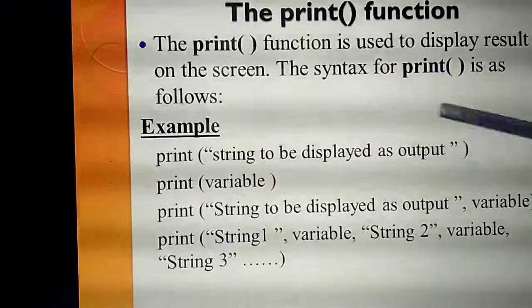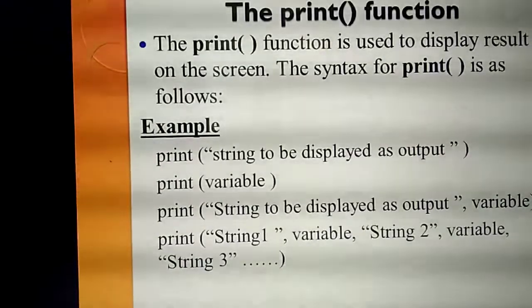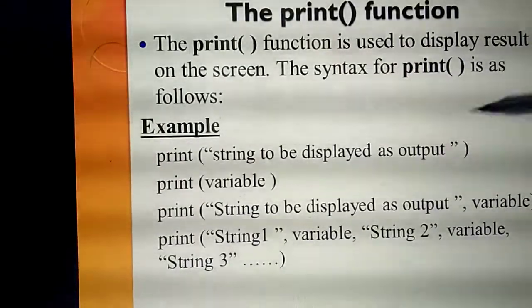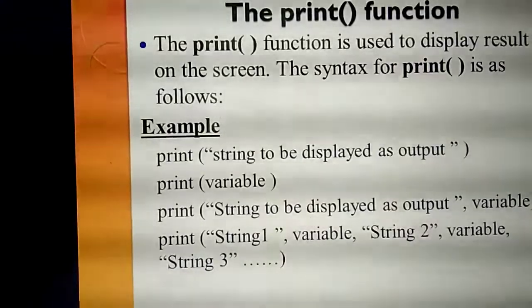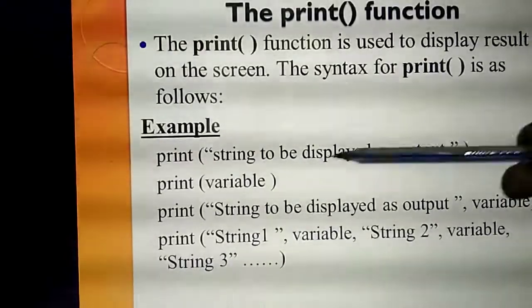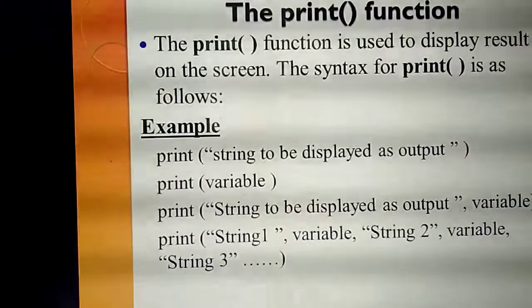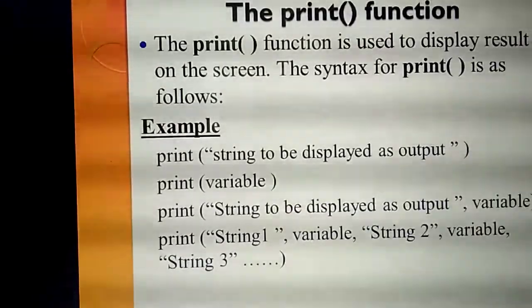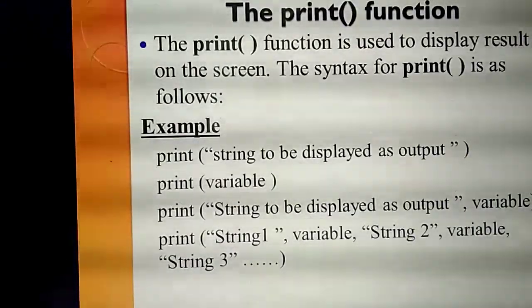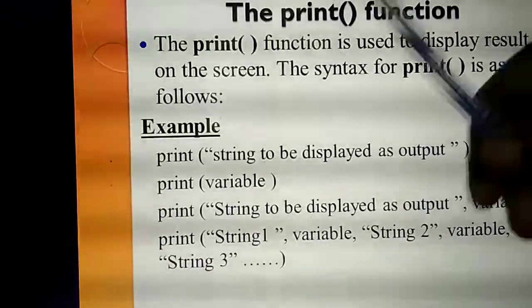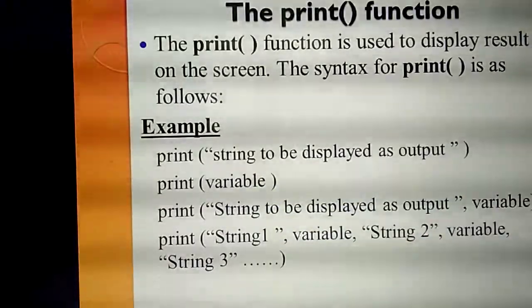So, string to be displayed as output. Whatever you have, maybe a sentence, a paragraph, or a word, whatever you give inside this printf function will be displayed as output. Next, printf of a variable.